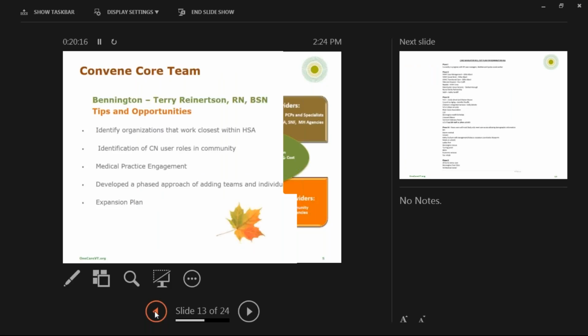This is Terry Ronenson, the Community Health Team Leader for the Bennington Blueprint. We in Bennington did not participate in the Integrated Communities Learning Collaborative because we had another pilot with Southwestern Vermont Medical Center. It was a pilot with the care coordinators for the Blueprint and the hospital, with the Vermont Department of Aging and Independent Living.